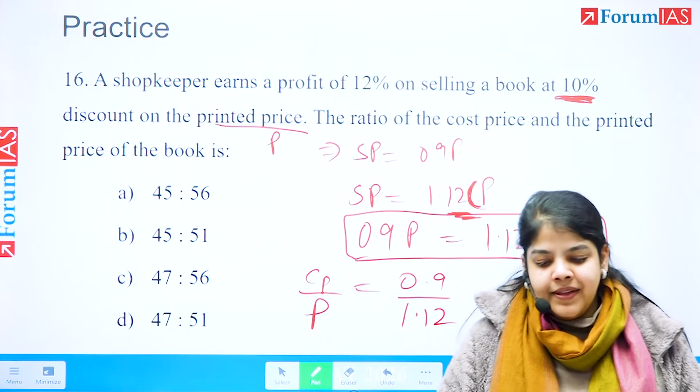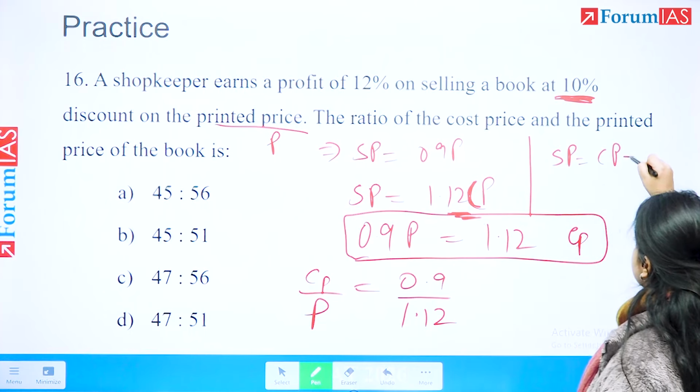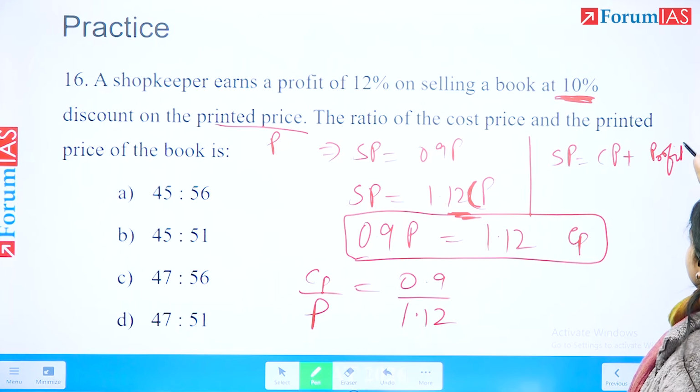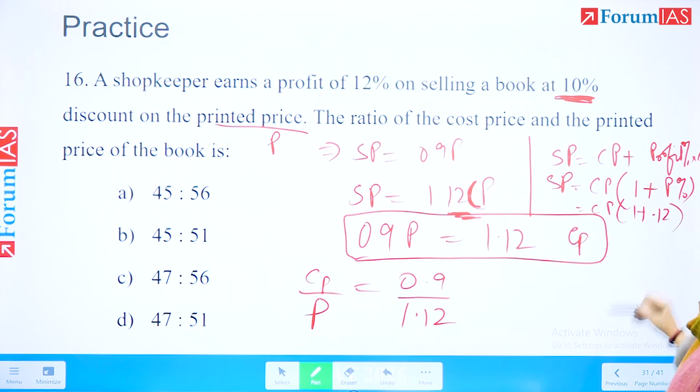सेकेंड ऑप्शन में देखो, हमने ऑलरेडी किया था कि जो सेलिंग प्राइस होती है दैट इज इक्वल टू कॉस्ट प्राइस प्लस प्रॉफिट परसेंटेज इनटू कॉस्ट प्राइस. इतना परसेंट आपको प्रॉफिट किस पे होता है, कॉस्ट प्राइस पे होता है. तो I can write this as SP equal to cost price into (1 plus profit percent), which means cost price into (1 plus 0.12), which is equal to cost price into 1.12.